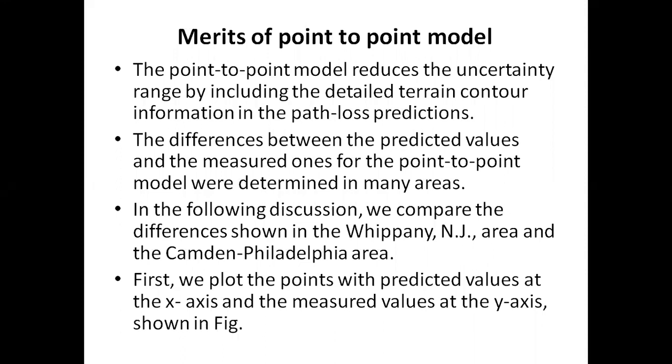Okay, and the differences between the predicted values and the measured ones for the point-to-point model were determined in many areas. We can develop a point-to-point model in different areas from the predicted values and the measured values. And we know the difference between the predicted values and measured values.